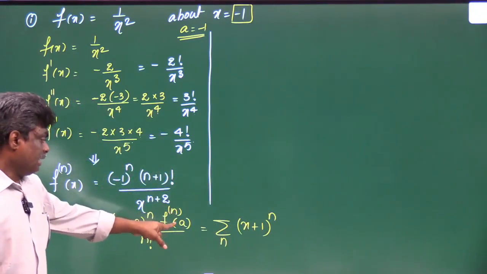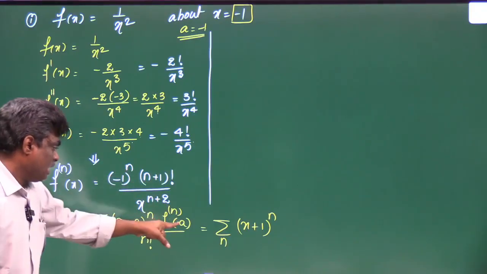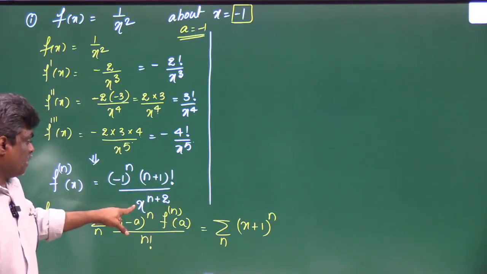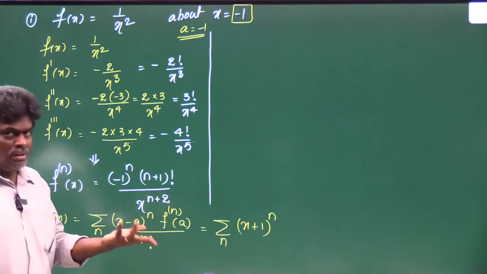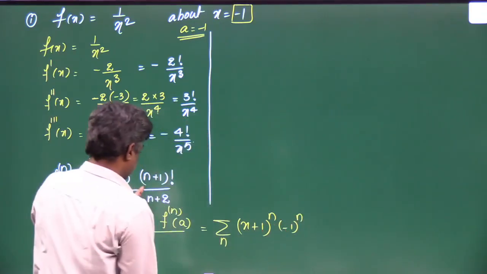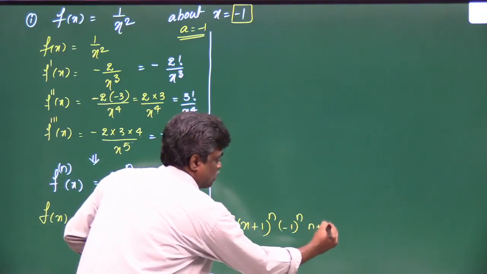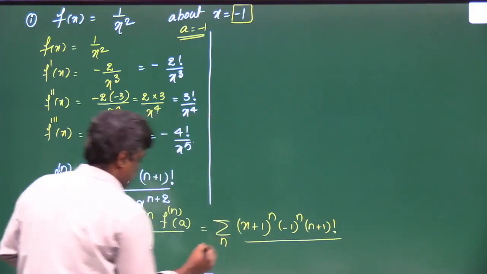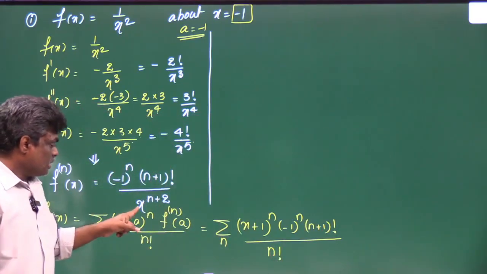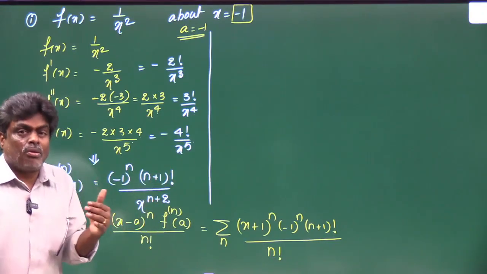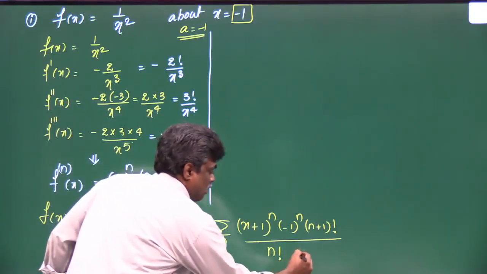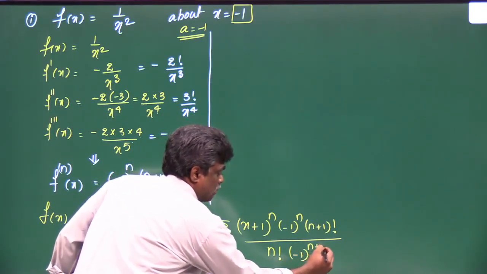Wherever you have x, substitute minus 1. So minus 1 whole power n into n plus 1 factorial divided by n factorial, which is already there. Now x power n plus 2 with x equal to a, a equal to minus 1, gives minus 1 whole power n plus 2.